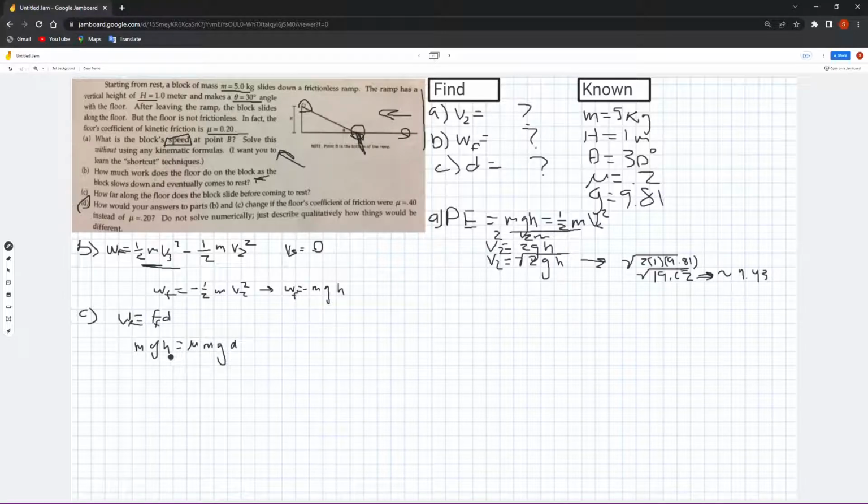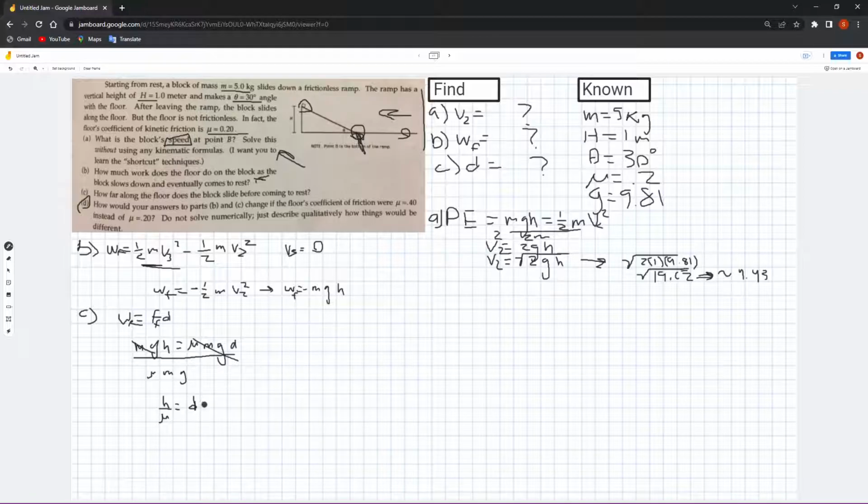We want to isolate distance, so we can divide this all by mu mg, and then mg cancels out, and we'll get height divided by coefficient of friction equals distance.